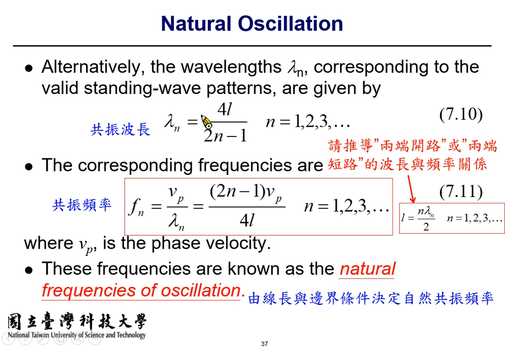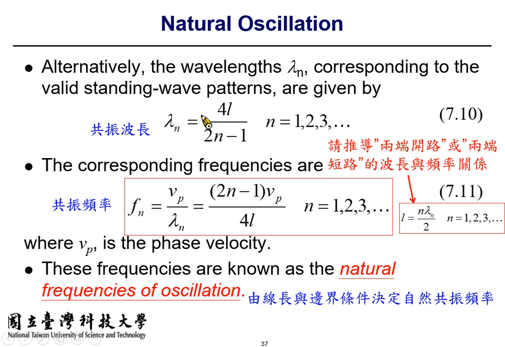You can also derive the expression for the resonant frequencies, which is simply the division of the propagation velocity Vp over lambda n.